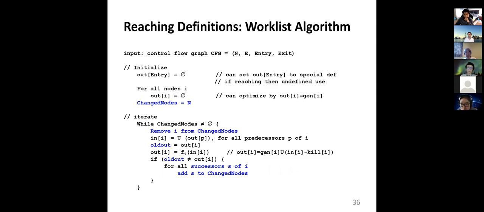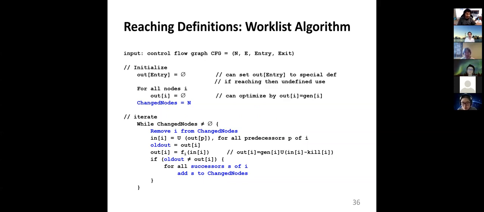So Zihan asked, are input and output the same? Input and output are only the same if you have one edge. So the output across the edge is the same as the input in this edge. But if this basic block has 2 inputs, you need to merge them, the meet operator, right? If there's only one edge, then the output of the predecessor is the input of the successor. Does it answer your question, Zihan?